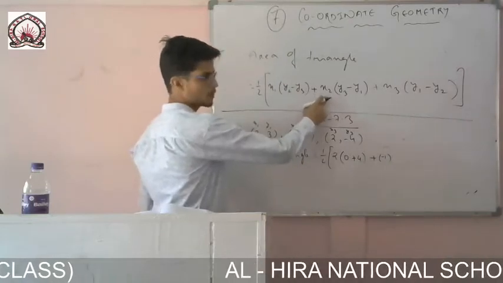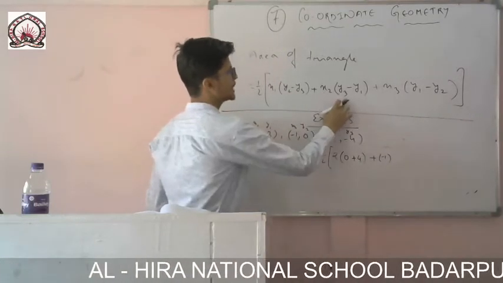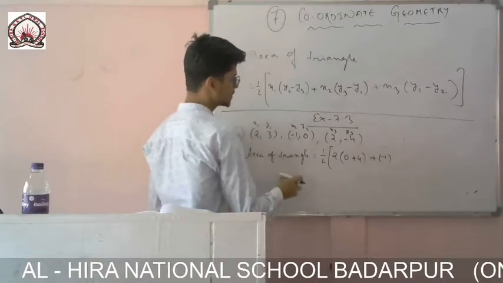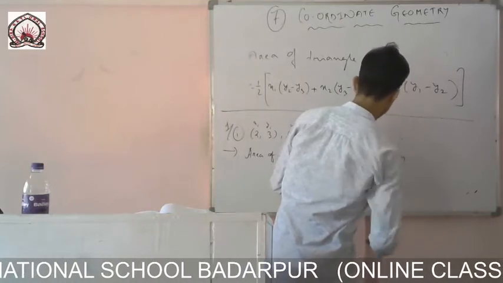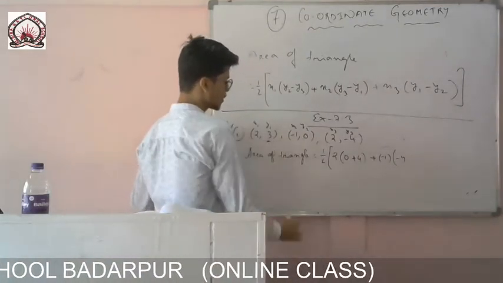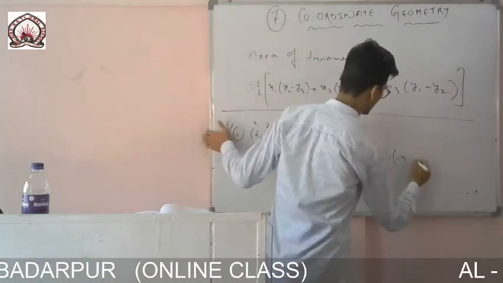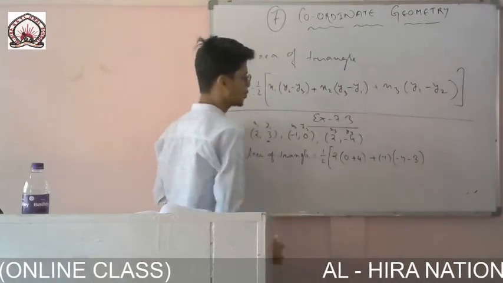You relate it to the formula: x2 here is minus 1, then (y3 minus y1). Y3 here is minus 4, so you give the bracket minus 4 minus y1. Y1 is 3. So it will be minus 4 minus 3.